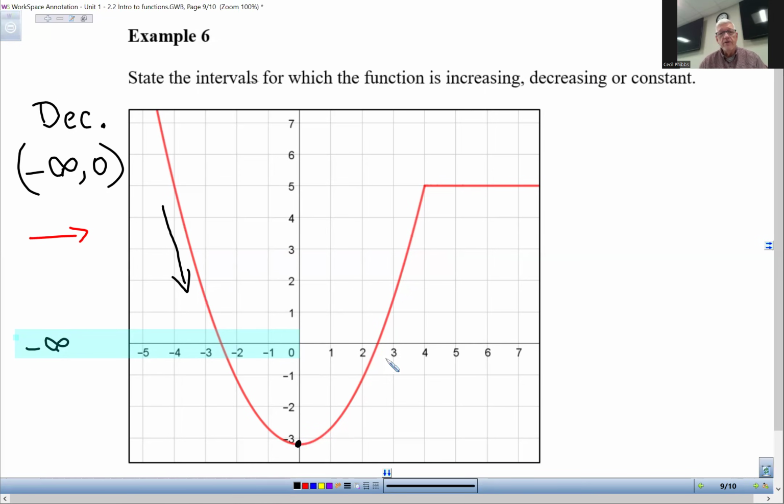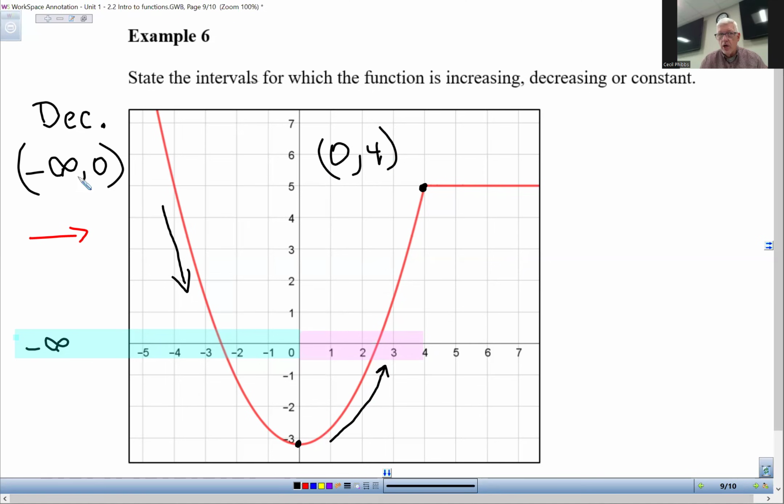From that point, the graph starts to move up, or is increasing. It continues to increase till we get to this point right here. Again, we're looking for the x coordinate of that point. That is 4. So from 0 to 4, our graph is increasing.